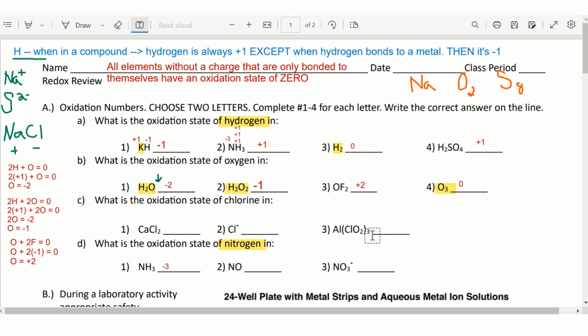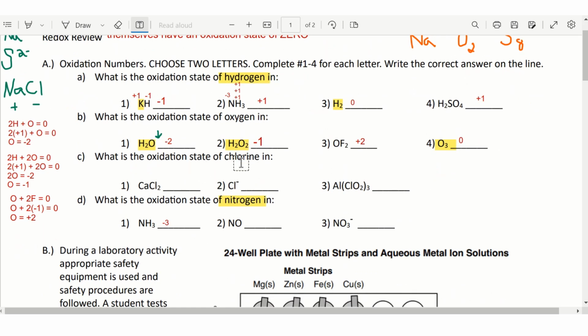Okay. All right, this next part, I'm solving for what element this time? Chlorine. So that means I have to use whatever other element is there to solve for chlorine. So in this one, I start with my equation, Ca plus 2Cl's equals 0, right?